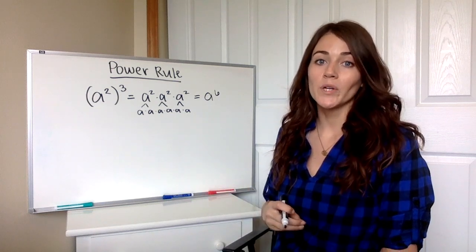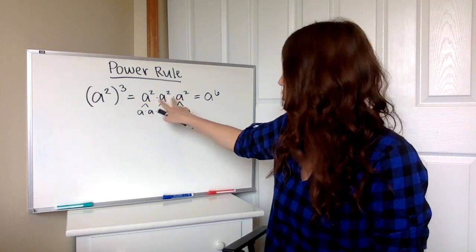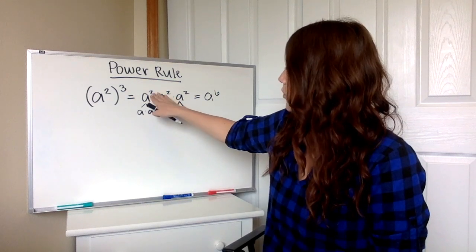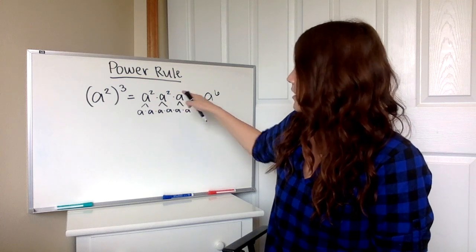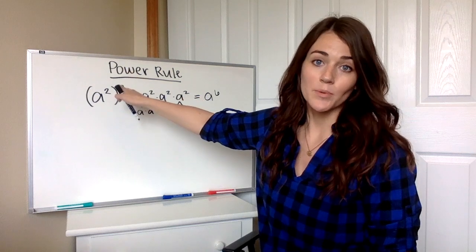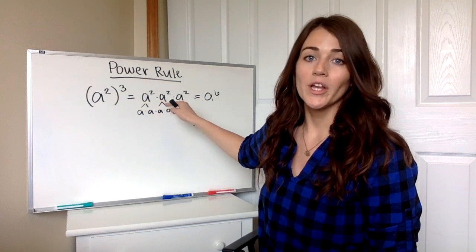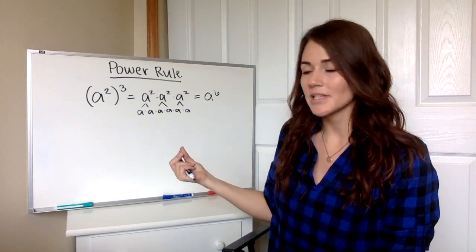So when we were doing product rule, we were having two things or multiple things being multiplied together where we were adding their exponents. This time, we have an exponent to an exponent. Notice the difference. Notice how this looks different from this. And we are not adding the exponents anymore.